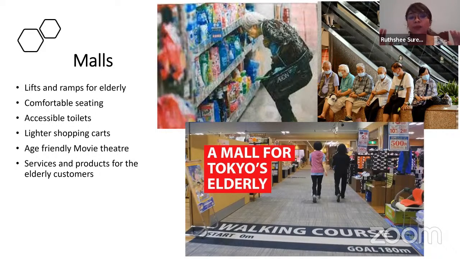They have a ramp for the elderly specifically. And also they have a lot of goodies for the elderly, like very fancy walking sticks and walkers, fancy wheelchairs. So commodities that are needed for the elderly are also sold in these malls. This is probably an example that we can also try and follow in India.